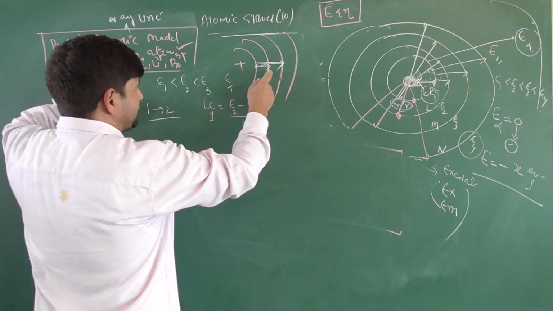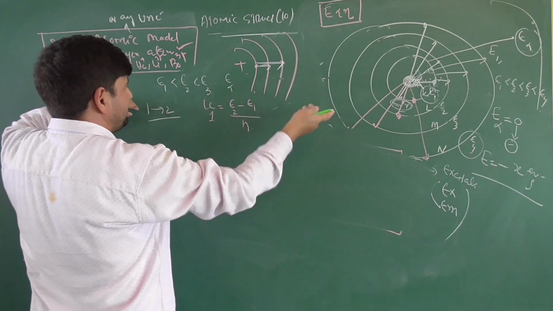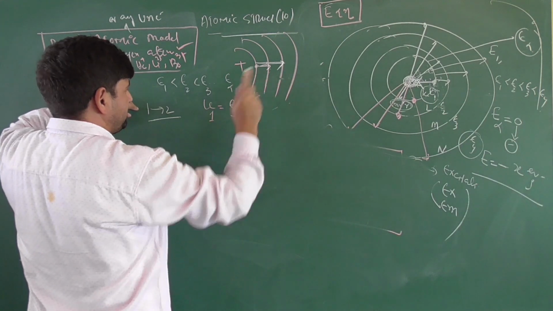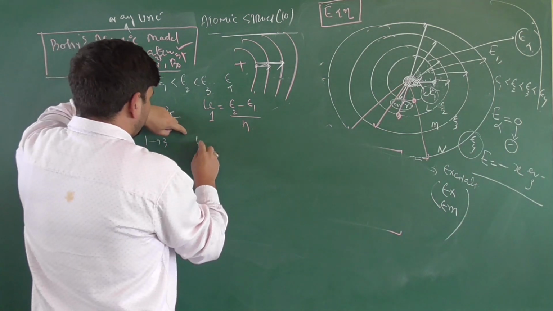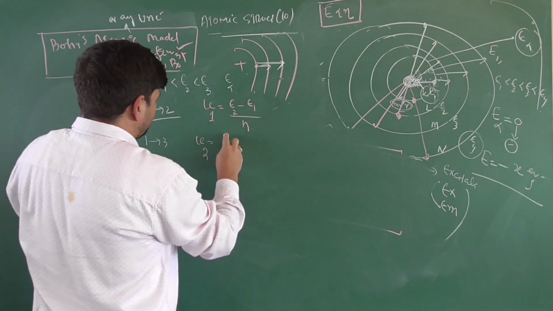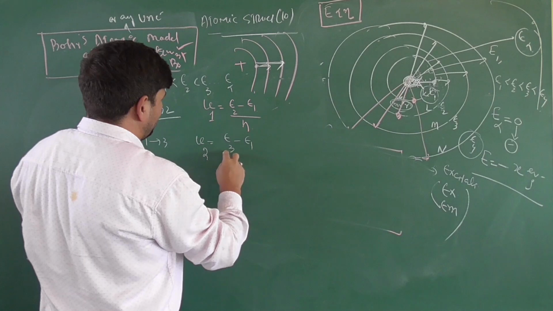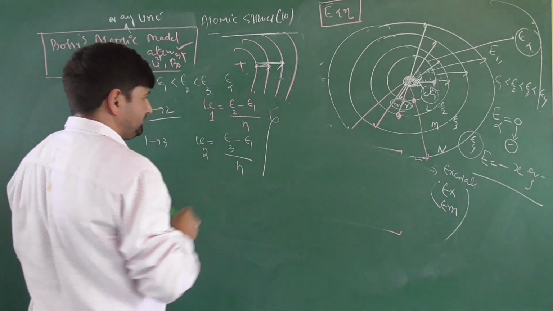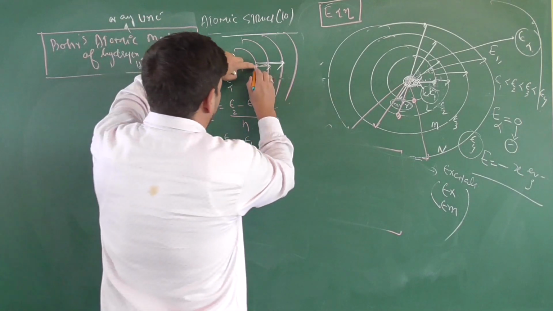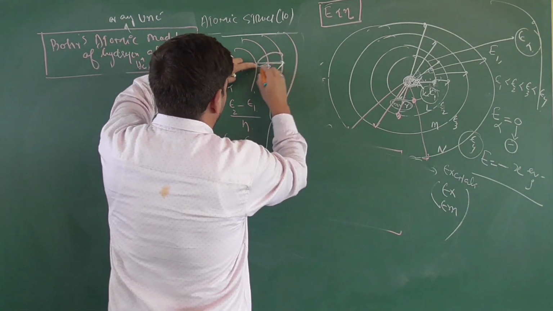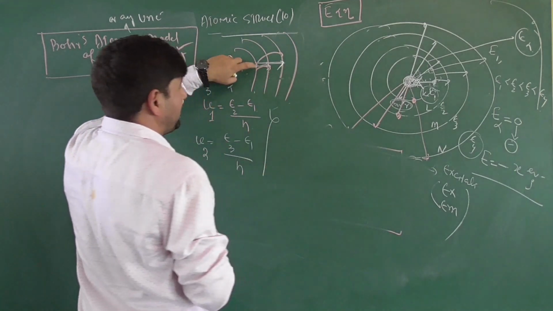This is excitation from 1 to 2. Once it's excited, it will come back to the ground level, and how much energy it has absorbed, that much it will release, right? If it is from 1 to 3, tell me what will happen. Nu 2 I will write for that, will be equal to E3 minus E1 divided by h. Now tell me, children, a generalization I am asking you here. If I want to shift an electron from E1 to E2 and then from E1 to E3, in which of the two cases do I need more energy?